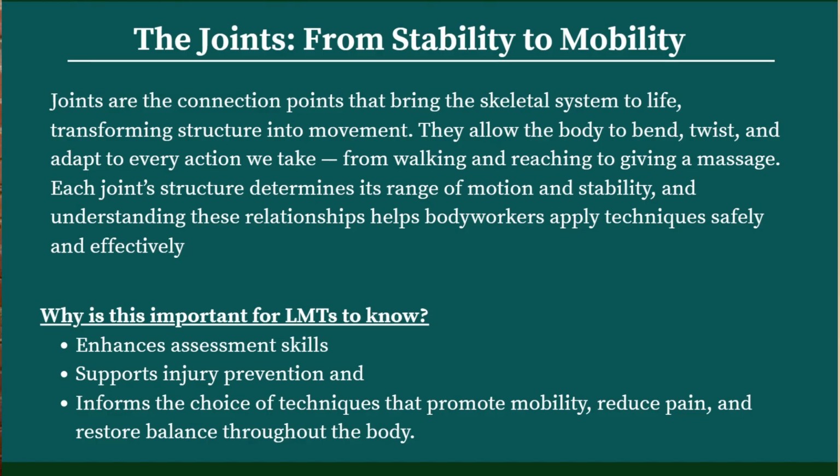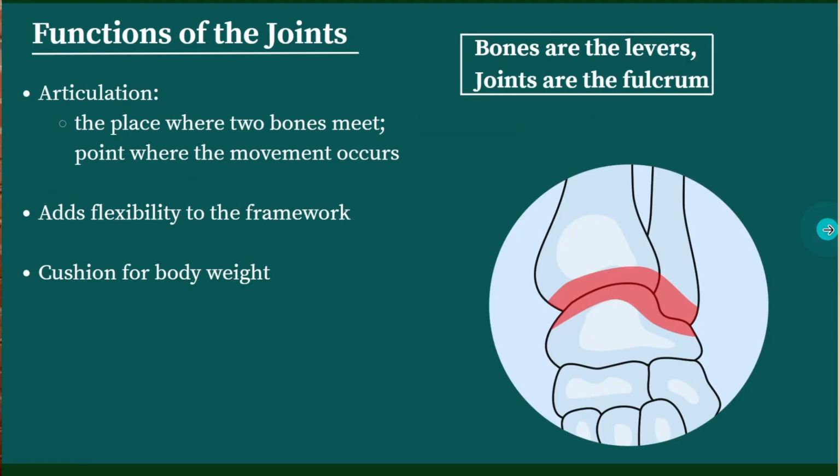And understanding these relationships helps bodyworkers apply techniques safely and effectively. So why is this important for massage therapists and bodyworkers to know? Because it enhances your assessment skills, it supports injury prevention, and it informs the choice of techniques that promote mobility, reduce pain, and restore balance throughout the body.